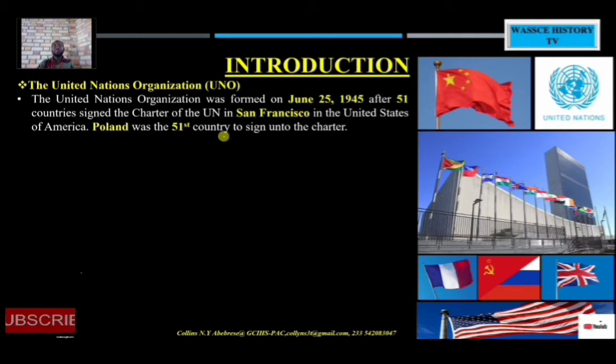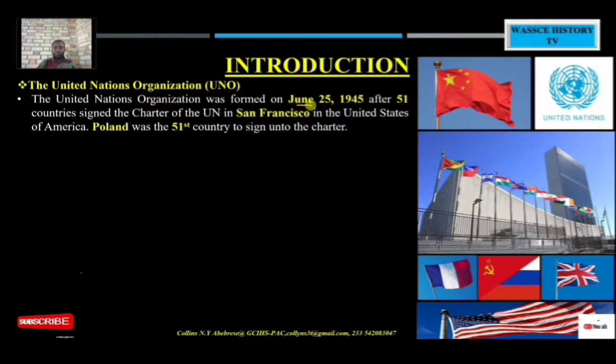You need to have associations so that when you are in need, these association members could come to your aid. So let's look at a brief introduction about the formation of the UN.